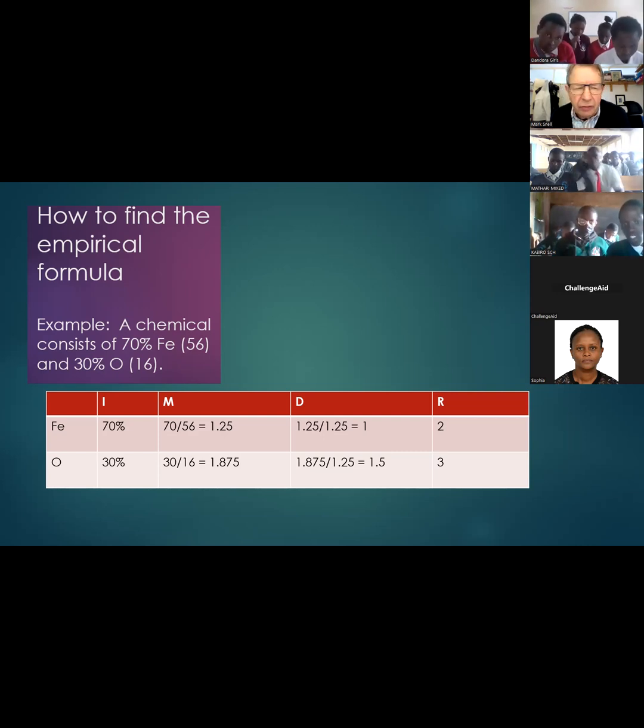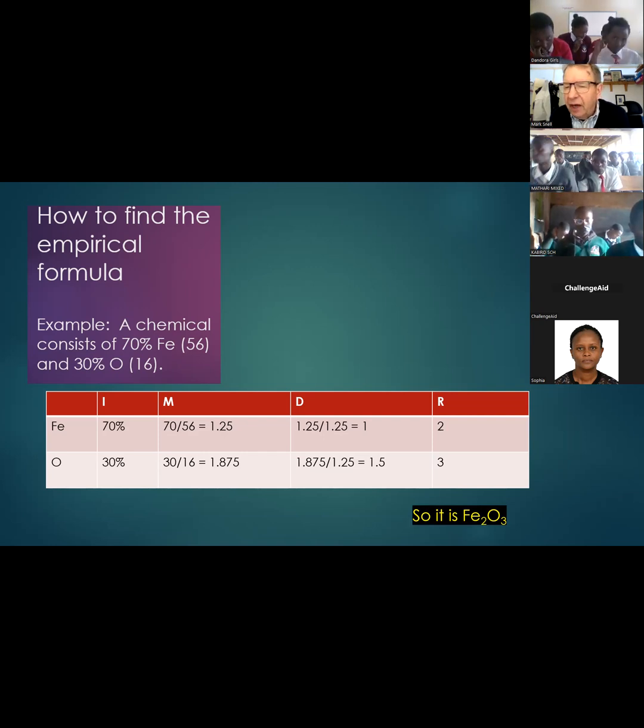It comes out as 2 Fe and 3 oxygens, and therefore it's Fe2O3. So IMDR: information, find the moles by dividing the mass by the RAM, then divide all of the numbers by the smallest one, and that gives me the ratio. Sometimes the divide gives you the ratio anyway.